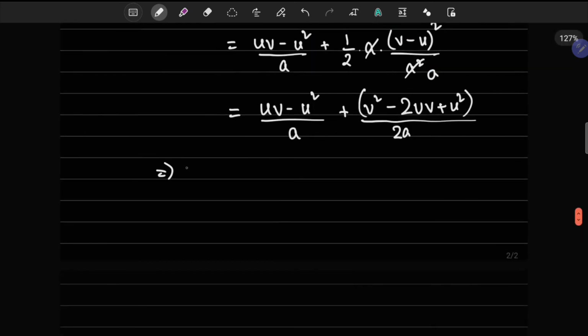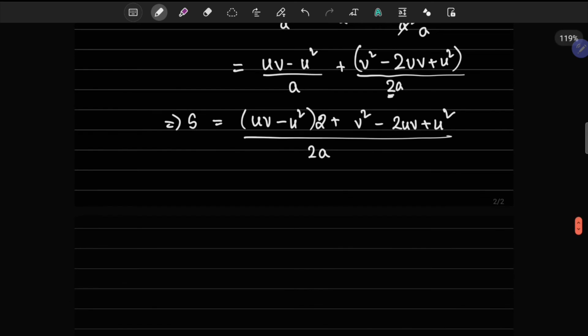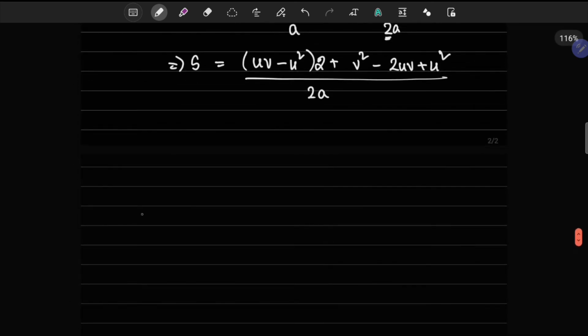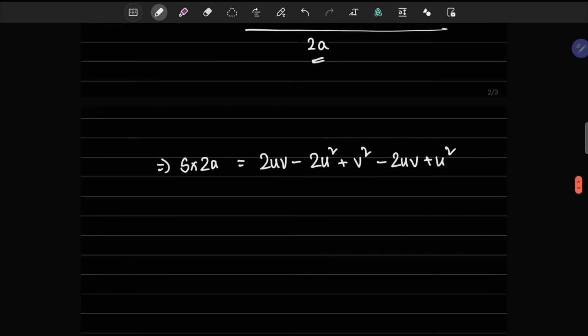So we have s equals uv minus u squared times this 2 plus v squared minus 2uv plus u squared, and we have 2a in the denominator. We multiply both sides with 2 times a, so we get s times 2a is 2uv minus u squared times 2, or we could just write 2u squared, plus v squared minus 2uv plus u squared.